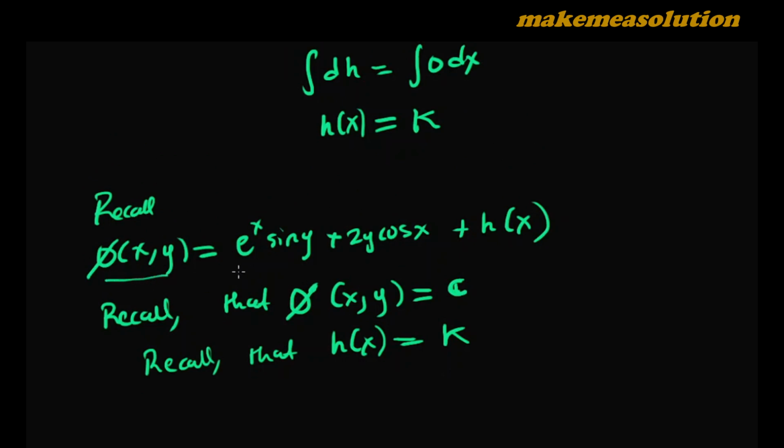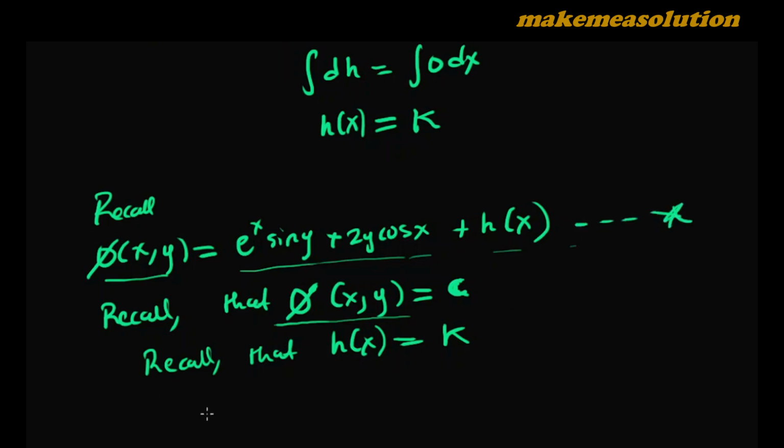You want to find the expression for phi of x, which will also contain an h of x or perhaps an h of y, whichever way you started. Then the next thing is you also want to recall from your key assumption that our multivariable function is a constant function. That means it's equal to an arbitrary constant c. And since we've determined the value for h of x to be a constant, we want to now substitute all this particular stuff into this equation over here.